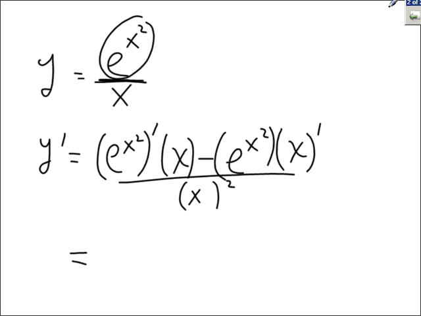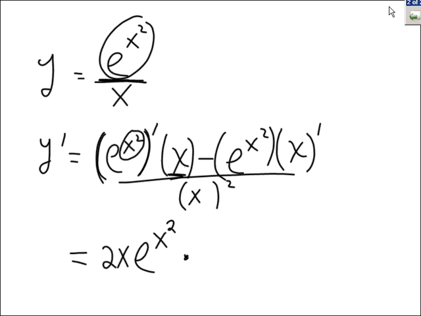Now let's do the calculus. E to the x squared prime. That means the derivative of e to the x squared. Well, the derivative of e to the anything is e to the anything times the derivative of that anything. In this case, derivative of x squared, which is 2x, times x.